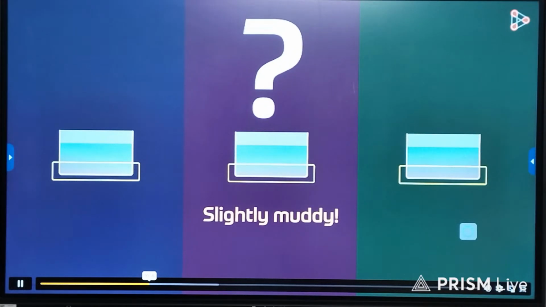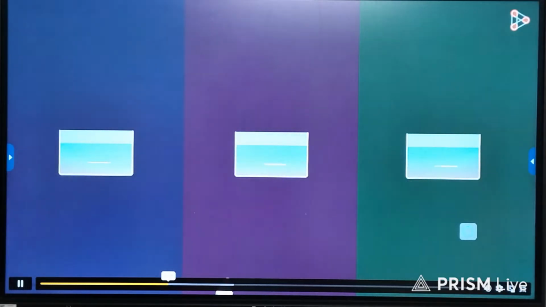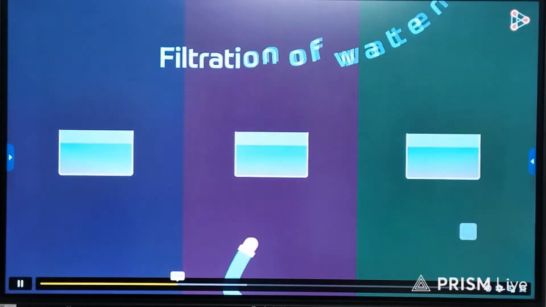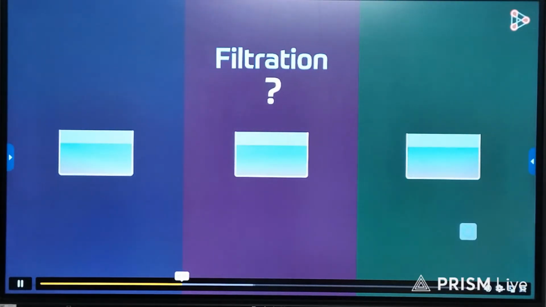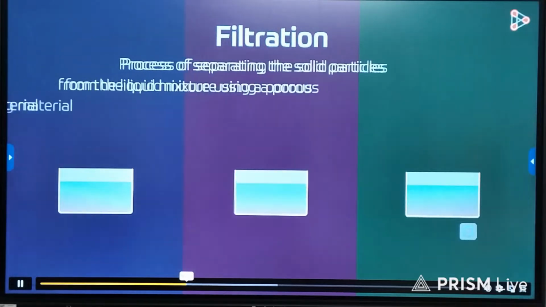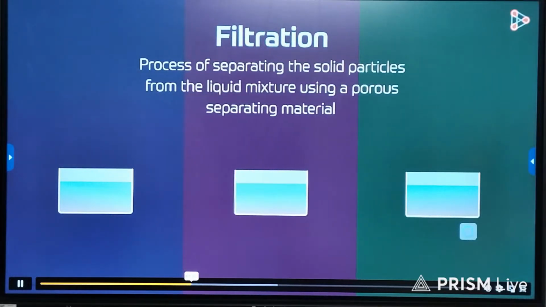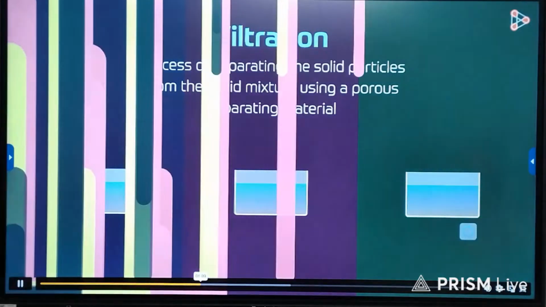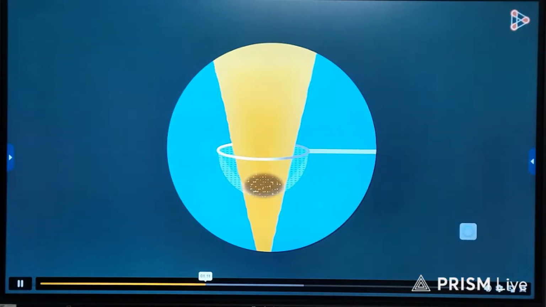So what now? How can the fine impurities present in the water be removed? When the three were tense as to how to complete the task, Zen suddenly had an idea. He thought of filtering the water. What is filtration? It is simply a process of separating the solid particles from the liquid mixture using a porous separating material. We have seen mom using the tea strainer to separate leaves from the tea.